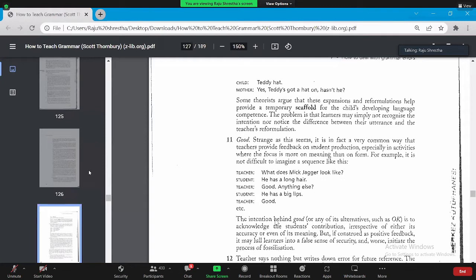Good. So here the focus is on meaning rather than form. What is the focus point that we stress? Determine whether it is meaning or form. If you are focusing on meaning, you go on prompting, you go on encouraging them, they go on producing, and later they realize.